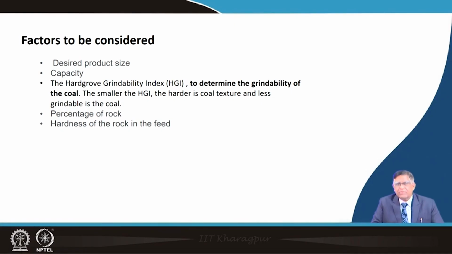So that is why the grindability test is always important, and this Hardgrove grindability index is a system you can study, which tells how much fines get generated. That depends on the petrographic structures and the texture of that coal.